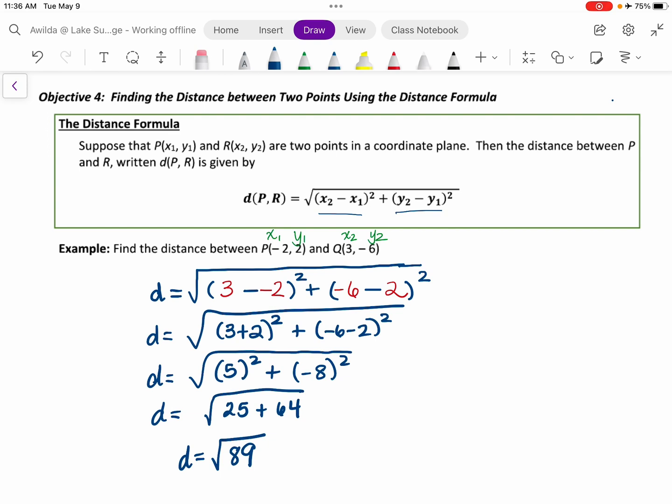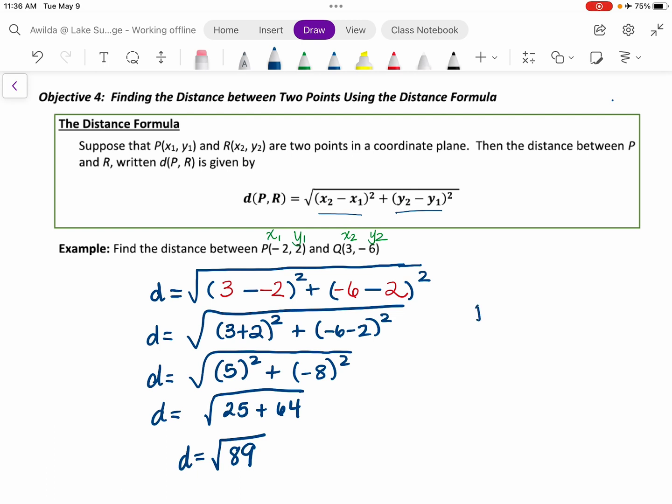Now this is what we call an exact answer. We can try to simplify square roots by looking to see if the radicand, which is the quantity underneath the radical symbol, contains any factors that are perfect squares.